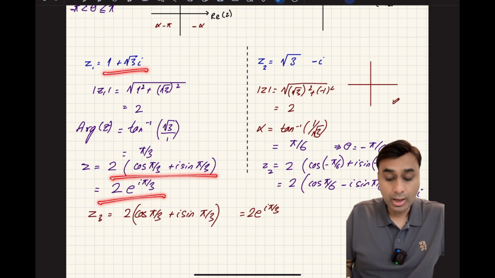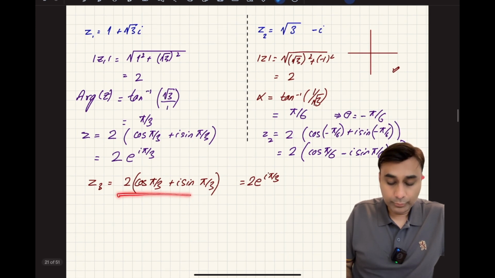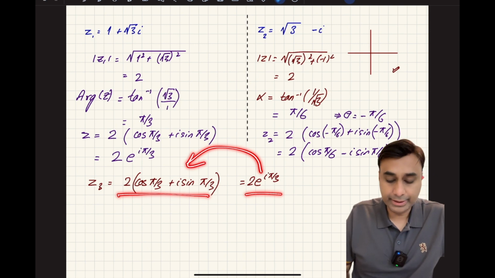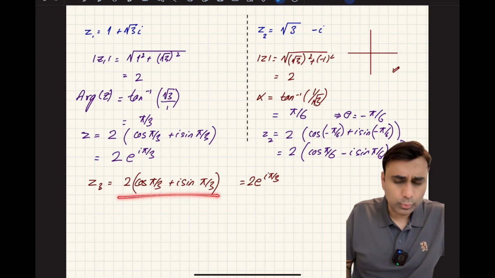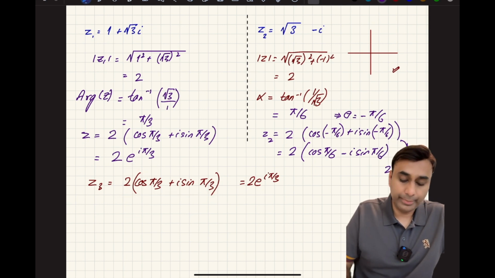So these are the ways you can convert from the rectangular form into the polar form or the exponential form. And similarly, if you have a polar form, or even an exponential form which can be instantly restated as the polar form, you can easily, in just one step, convert it into the rectangular form, because you just have to type it down in your calculator. What is 2 cos of pi by 3?